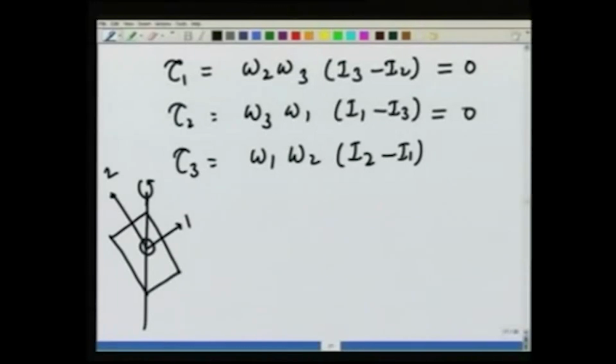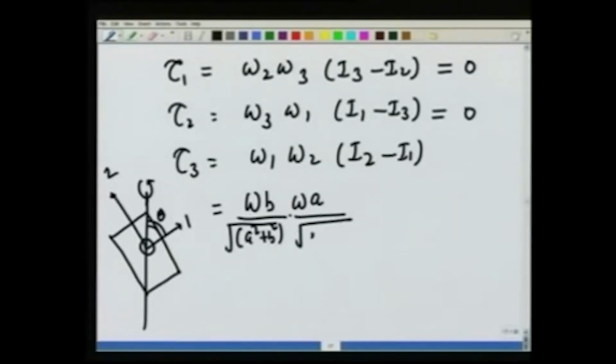How about tau 3? It comes out to be omega 1, which is omega cosine of this angle, so omega times b over square root of a square plus b square, times omega 2, which is omega sine theta, which is omega a over square root of a square plus b square, times I2 minus I1, which is m over 12 times b square minus a square.